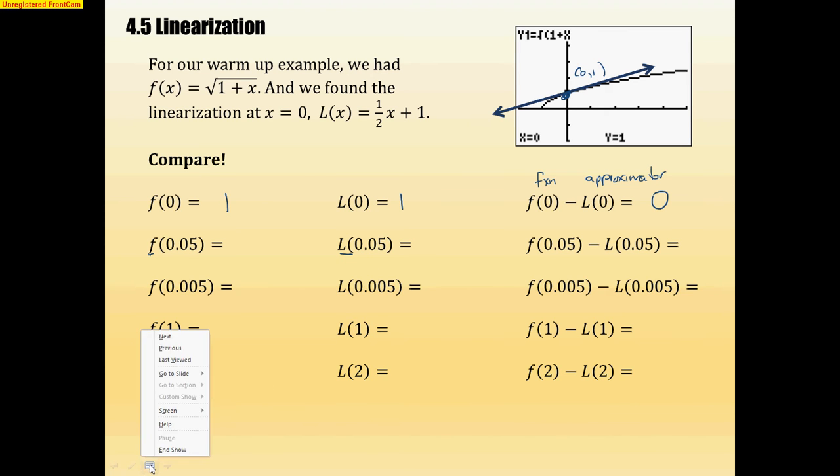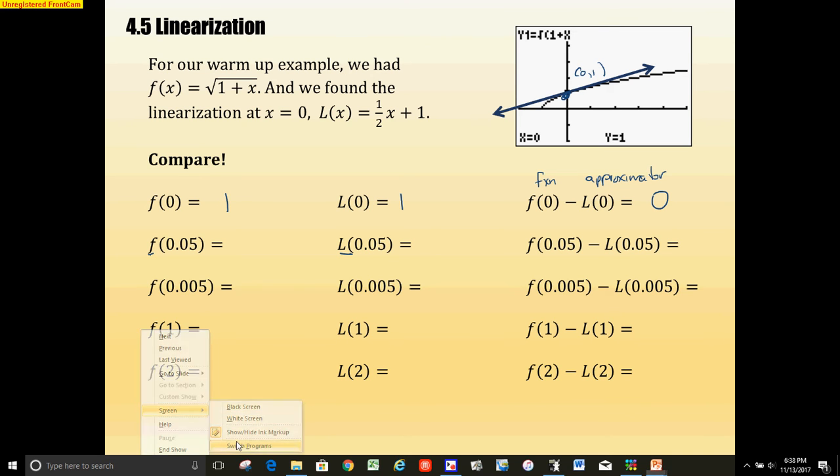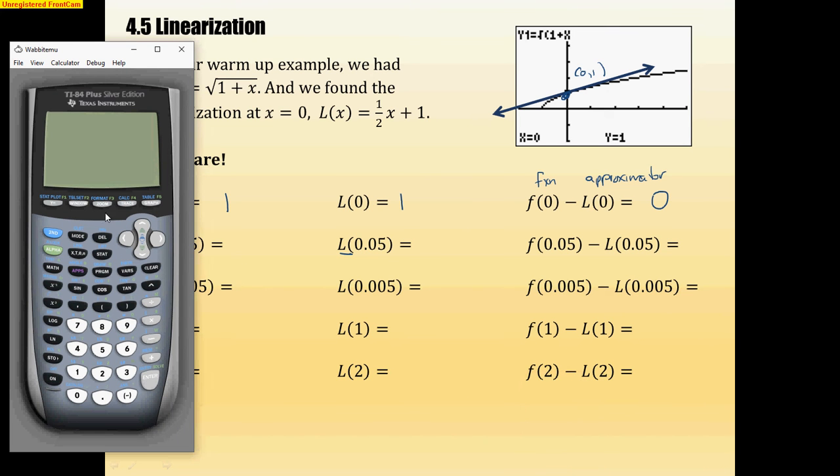I'll show you a way I'm going to look at the calculator to capture these values a little bit easier. I have both of those functions in y1 and y2, and then in my calculator I set it up to darken the Ask so that when I go over here to second table I can put in 0 and see, of course, that they are both the same.